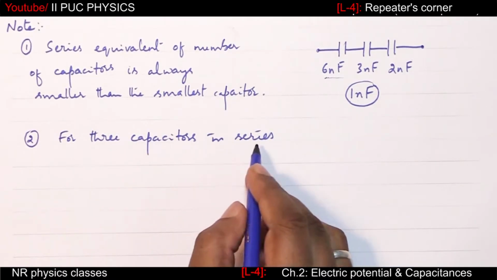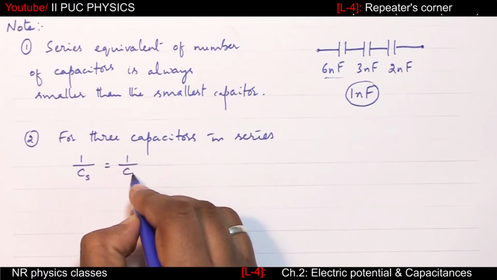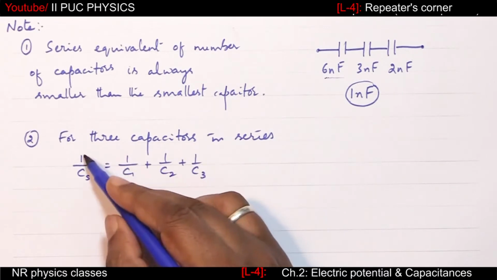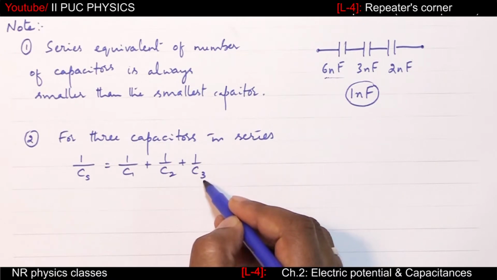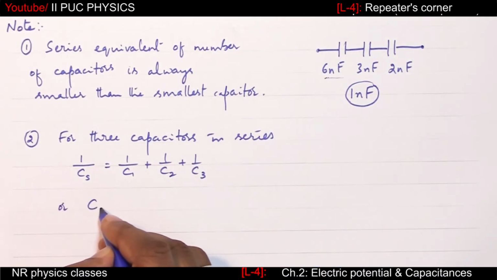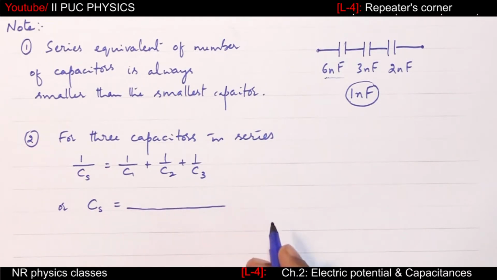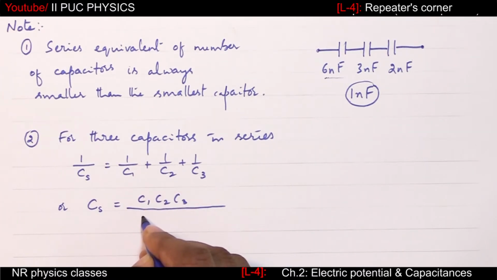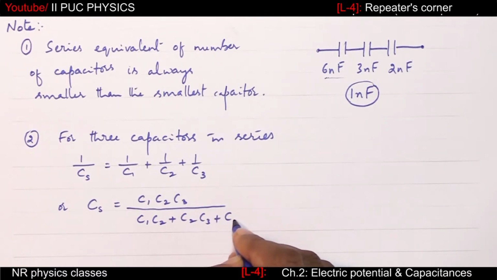For three capacitors in series, one by Cs equal to 1 by C1 plus 1 by C2 plus 1 by C3, or Cs equal to C1 C2 C3 by C1 C2 plus C2 C3 plus C1 C3.